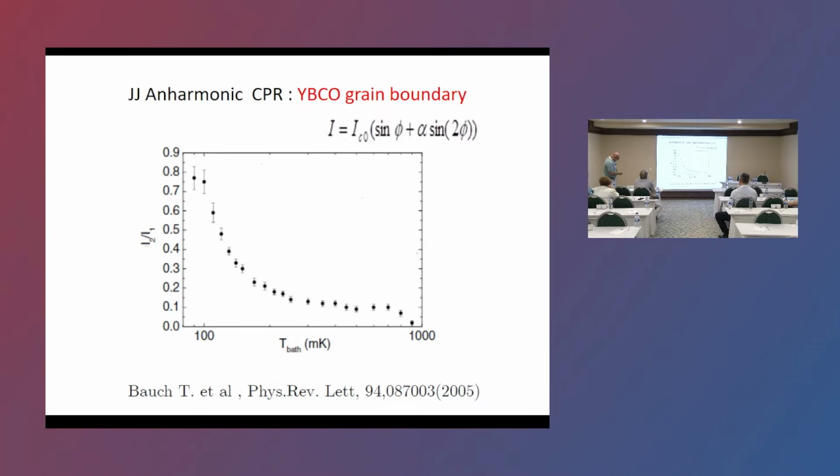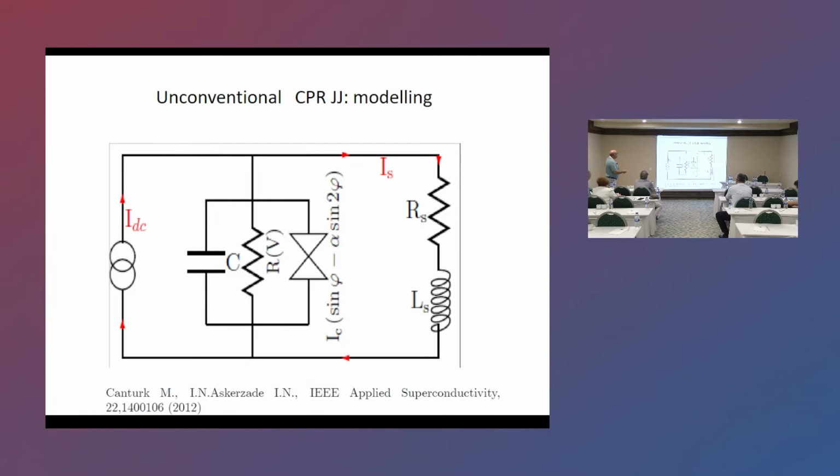And as you can see, at low temperatures there was evidence of increasing amplitude of the second term. It means that in the study of characteristics of qubits based on Josephson junctions with unconventional, anharmonic current-phase relation, we should take into account such effects.